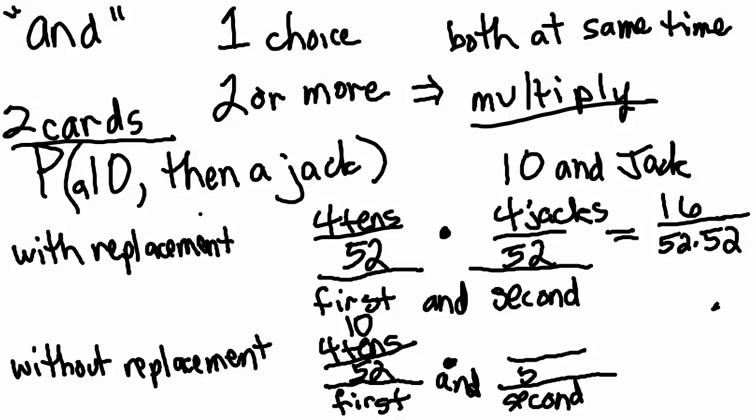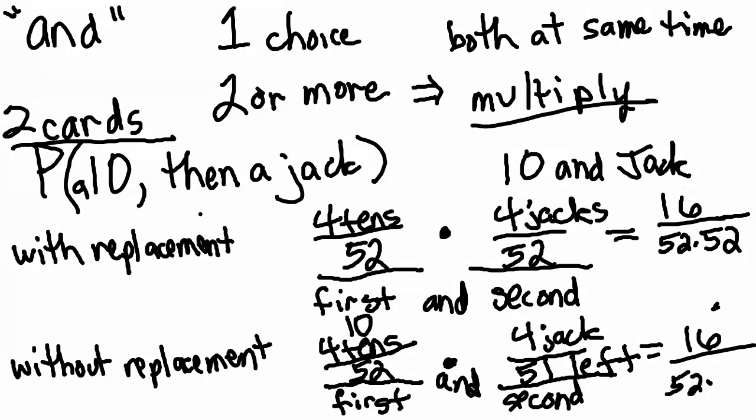So you only have 51 cards left because you're keeping it. You're not putting it back. And there's still 4 jacks because you got a 10 on your first pick. You didn't get a jack. So there's still 4 jacks. So that's going to be 16 over 52 times 51.